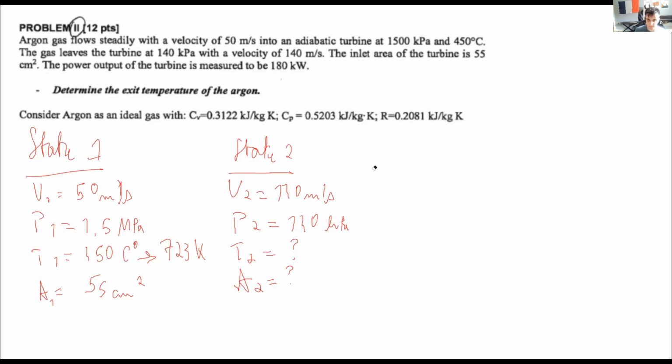So using that equation we studied before, mass transfer rate initial times specific enthalpy initial plus velocity squared initial divided by 2, we don't care about the height, is equal to the work plus mass transfer rate at the exit, specific enthalpy at the exit, plus velocity squared at the exit divided by 2.